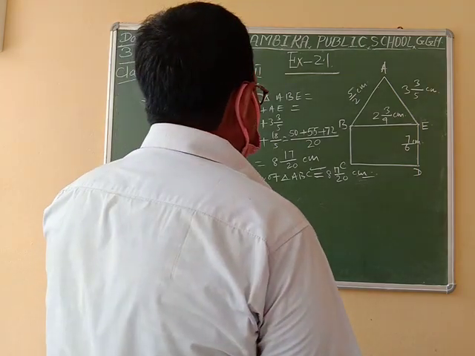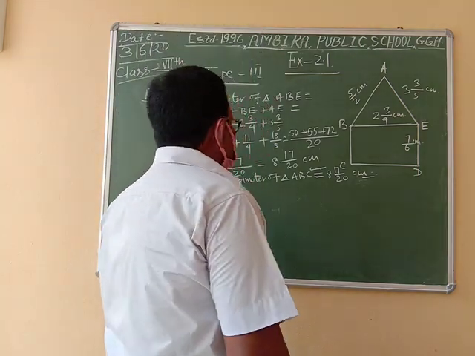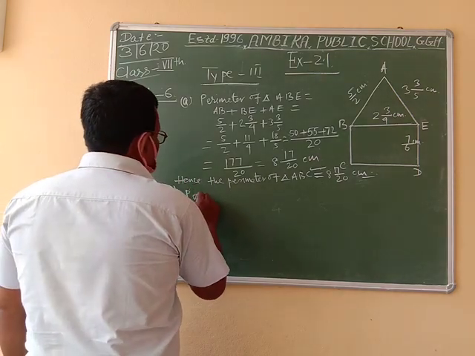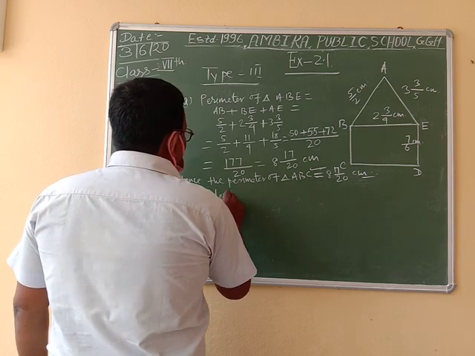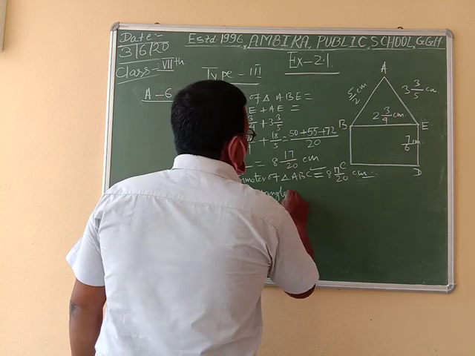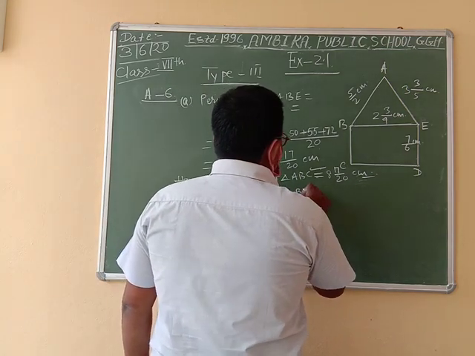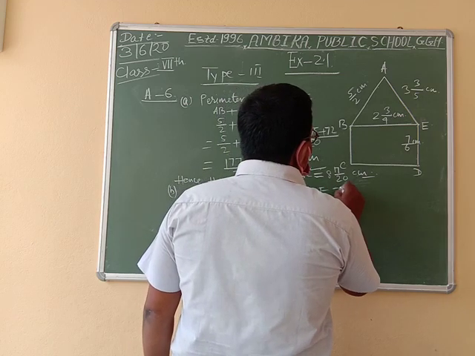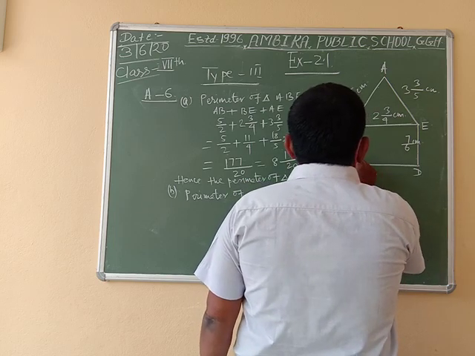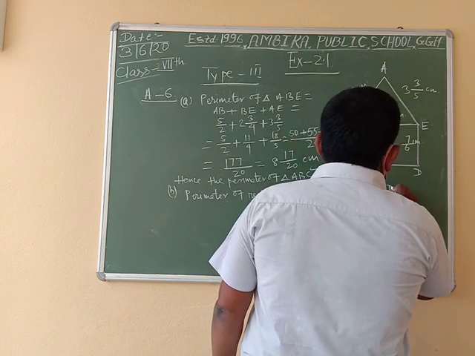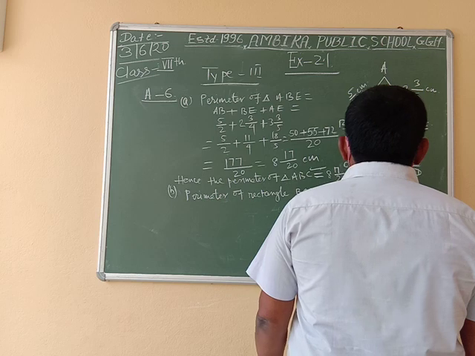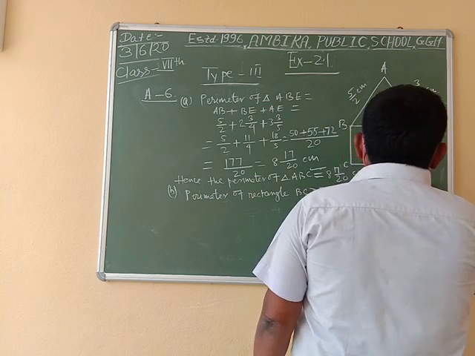I am going to solve the perimeter of rectangle BCDE. The perimeter of rectangle BCDE is equal to BC plus CD plus DE plus BE.